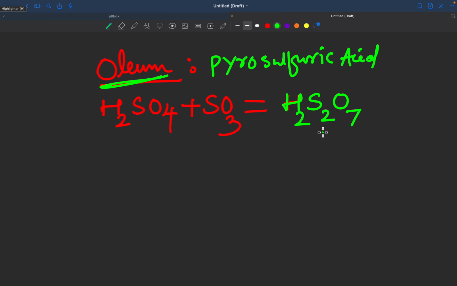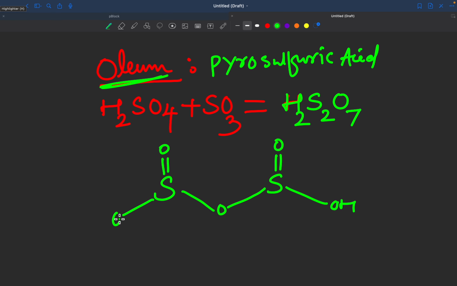If you want to check its structure, you have two sulfurs, right? One sulfur is here, the other sulfur is here. Both are connected by a bridging oxygen. Each sulfur has at least one double bonded oxygen, and there is one more OH here and one more OH here.